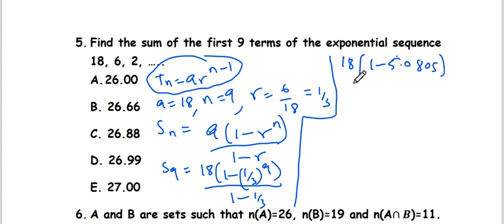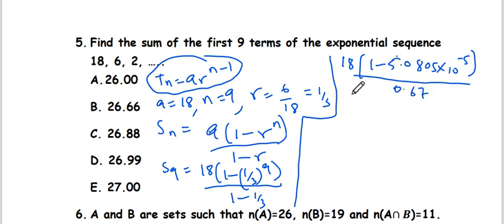That gives us 5.0805 times 10 raised to the power of minus 5. Divided by 1 minus 1 over 3, that's 2 over 3, and 2 over 3 gives us 0.67.